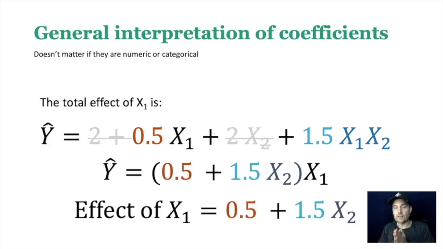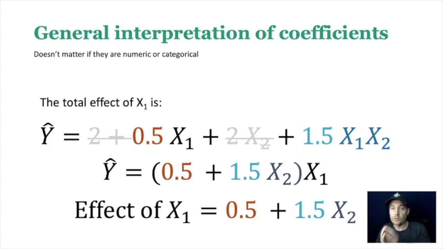So what's the effect of x1 when x2 is 1? Well, we plug in a 1 where the x2 is, and we have 0.5 plus 1.5 times 1, which is just 1.5. So we add that all together, so it's 2. So when x2 is 1, the effect of x1 is 2.